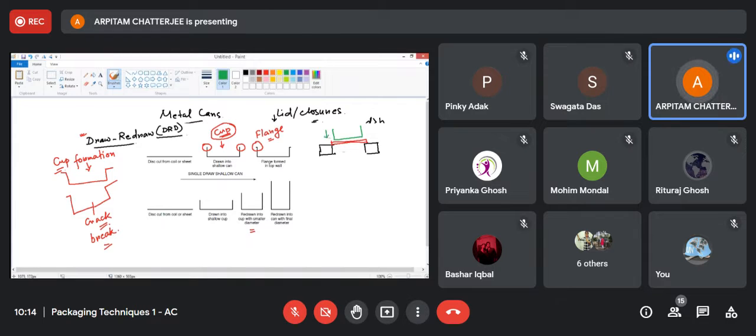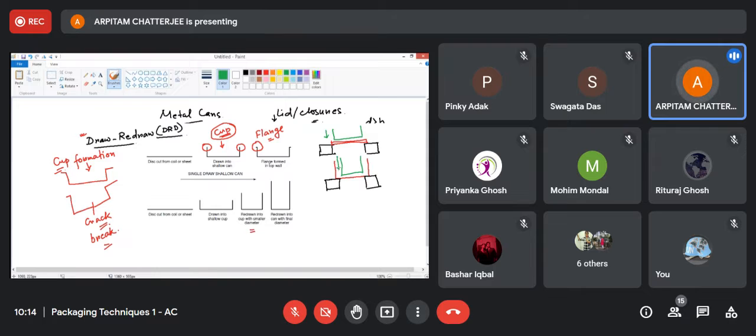So whenever you are giving the pressure, it's changing its shape, and suppose this is the first drawing process. In the next drawing process, you change the diameter, you shorten the diameter. And again you are going to give a pressure like this.